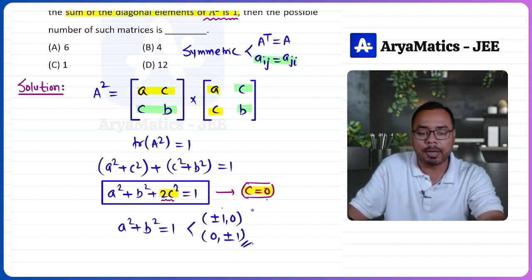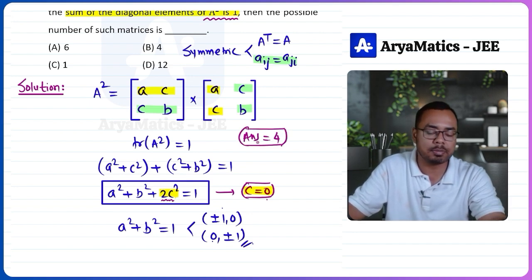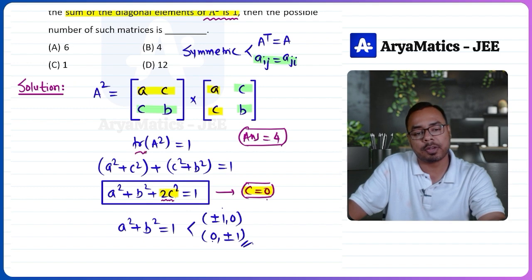So there will be two matrices for which c is 0, b is 0, and a is either plus 1 or minus 1. And there will be other two matrices for which a is 0, c is 0, and b is plus 1 or minus 1, right? So clearly you can see that there will be four such 2 cross 2 symmetric matrices with integral entries for which trace of A square is 1, right?